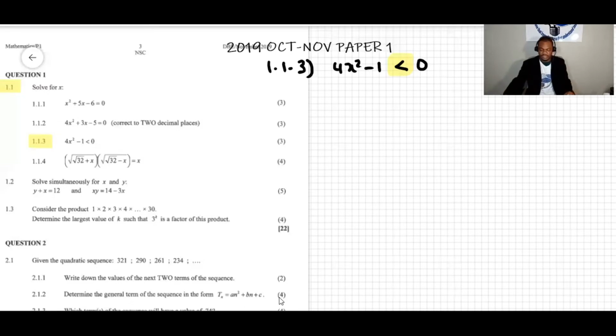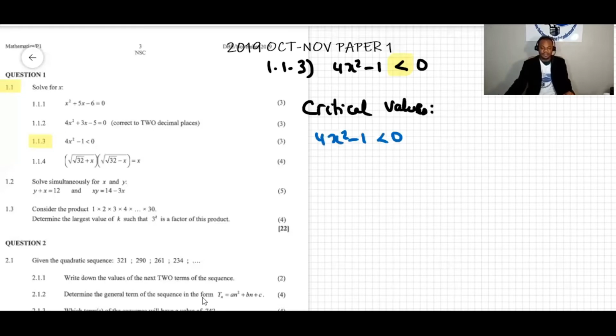Now, let's do that. We're first going to find the critical values. I'm going to write critical values. Then we have 4x squared minus 1 lesser than 0.